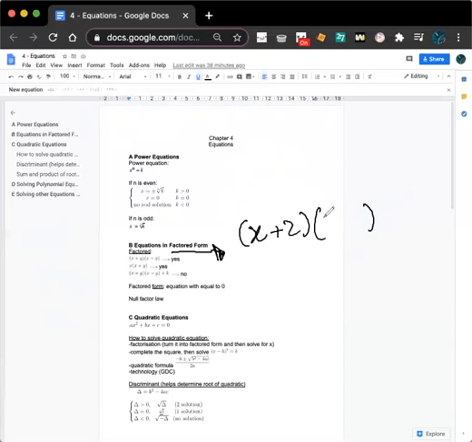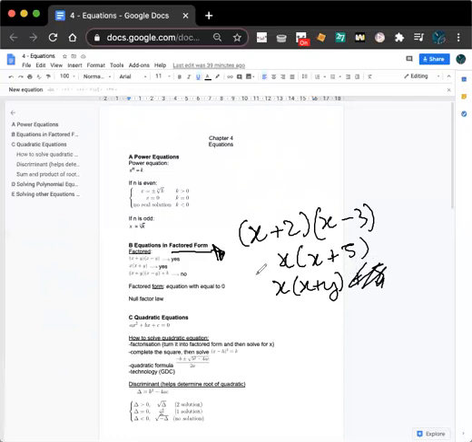Usually you can see it's something like this, or anything with at least one bracket, like x plus 5, with all sorts of multiplied values. This is called factored form.